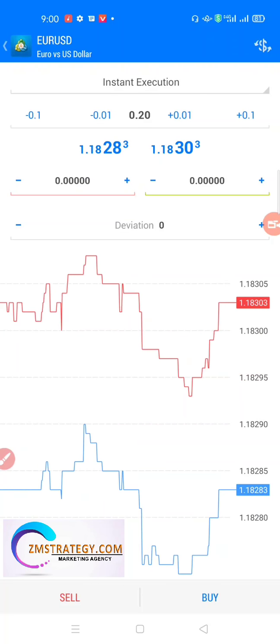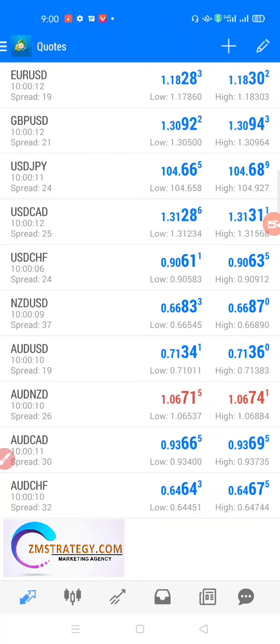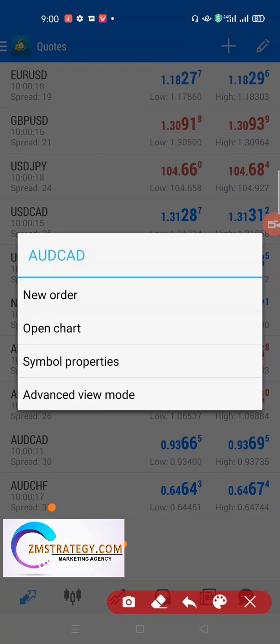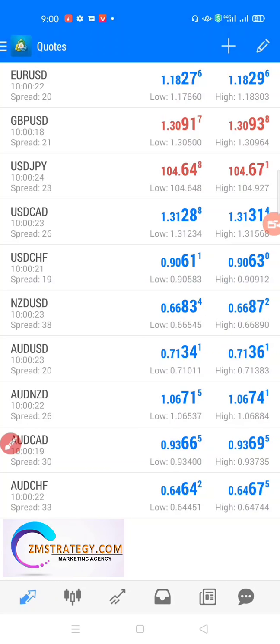Now let's see how to calculate pips, using the value 1.1827. Take note of this: we have one digit before the decimal place, and four digits after the decimal place.